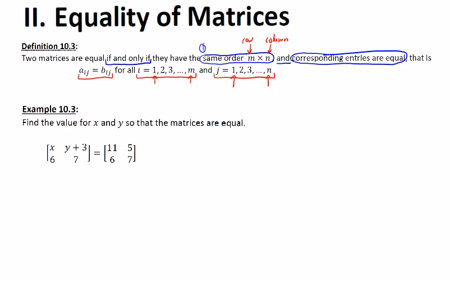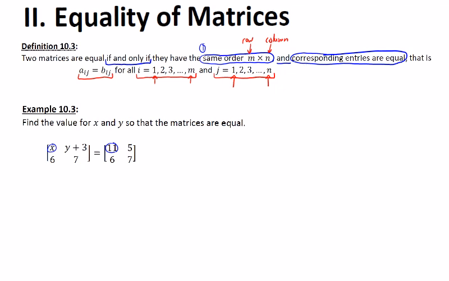So example 10.3 says, find the value for x and y so that the matrices are equal. If I start with the 1,1 entry, on the left matrix we have x, and on the right matrix we have 11.